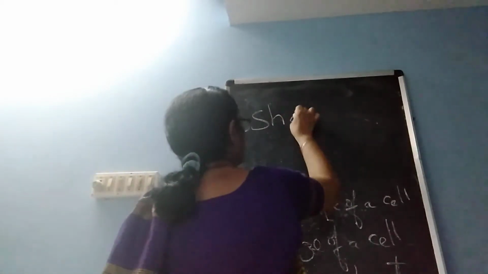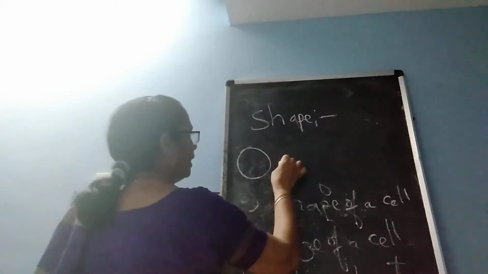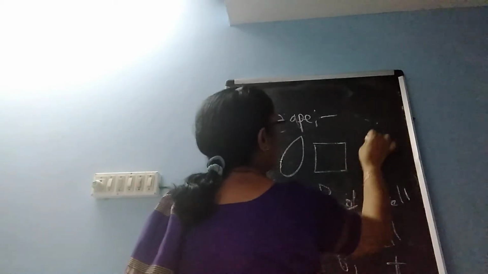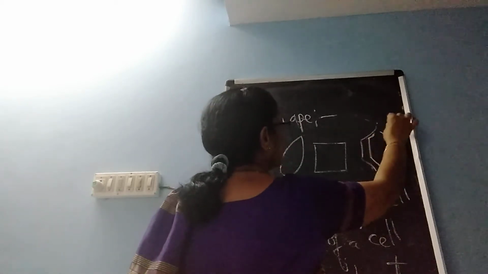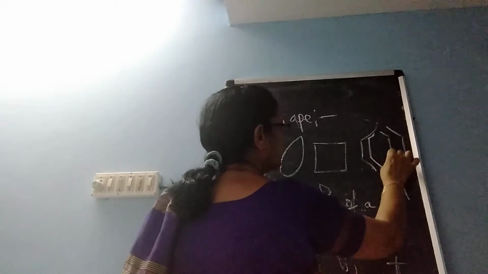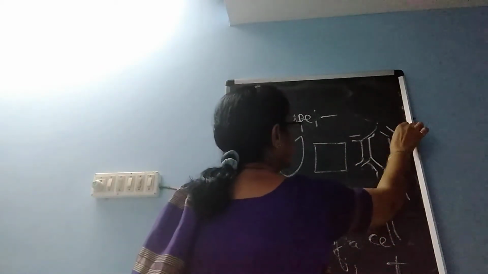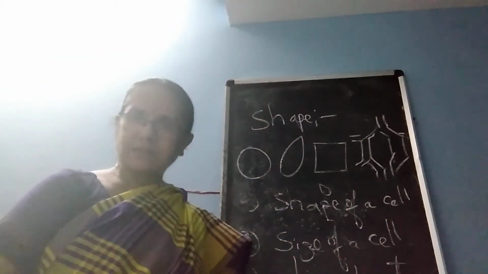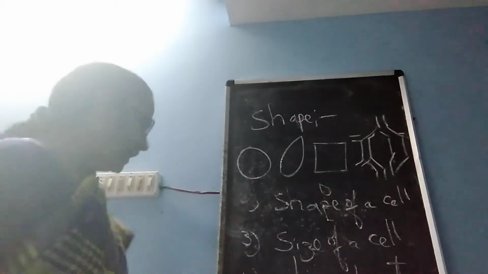Cells may be round, oval, rectangular or hexagonal in shape. Depending upon the structure of the organism, these things will vary.